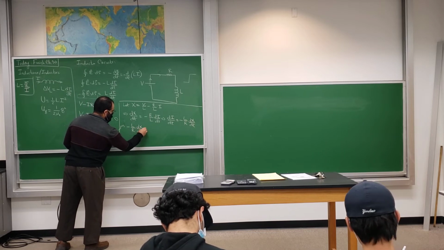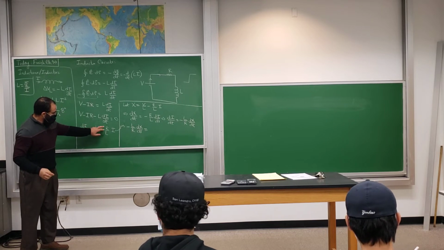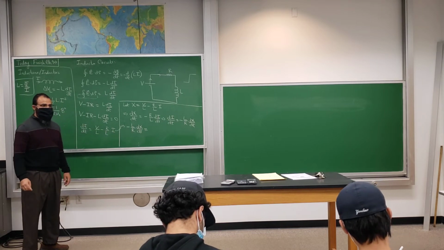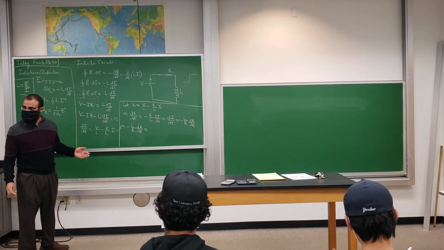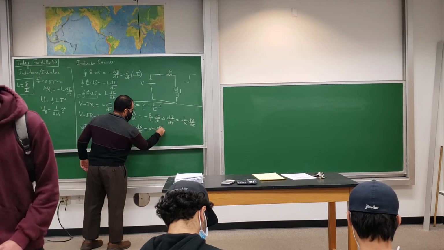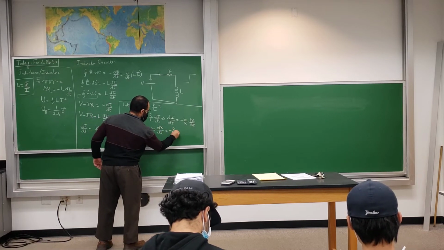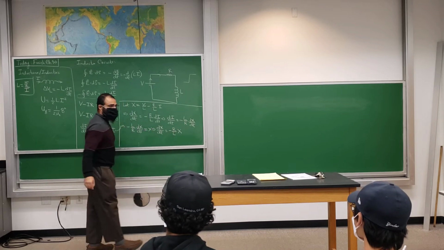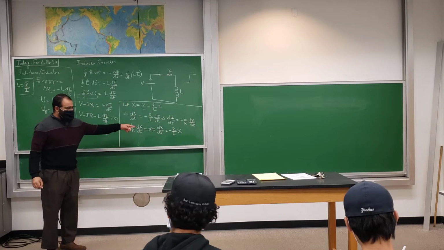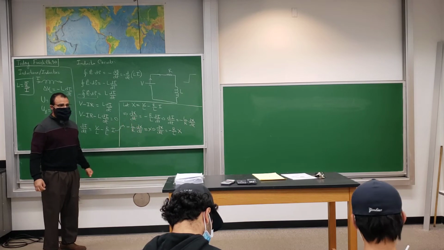That's one thing. Equals, on the right hand side, what did we decide to call V over L minus R over L times I? x, right? That is just x. So dx/dt will be minus R over L times x, right?